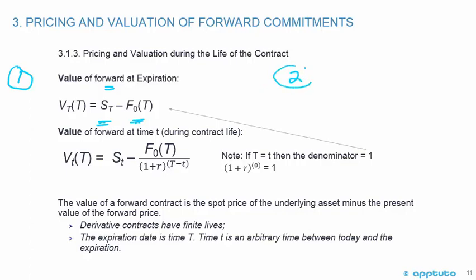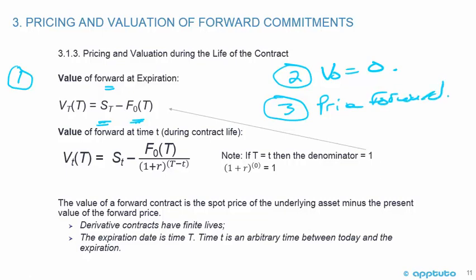Number 2, we understand that the value of a forward at time 0 equals 0. That's the slide that we just did, okay? And then what we looked at previously was the price of the forward. How did we calculate the price of the forward? We calculated it using this formula.